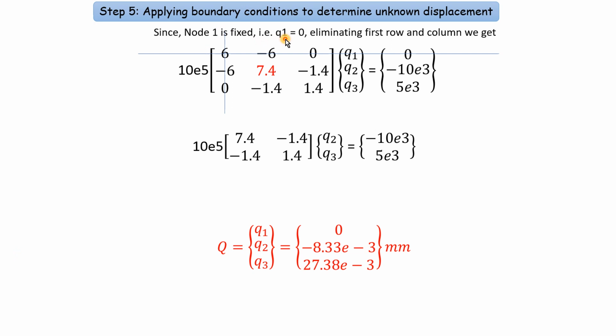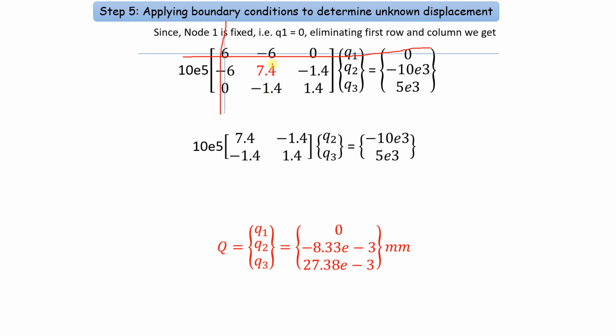In order to apply the elimination approach for the given boundary condition q1 equal to 0, eliminate the first column and first row. If the third node were fixed, you would eliminate the third row and third column. Since in this problem only the first node is fixed, we will eliminate the first row and first column.